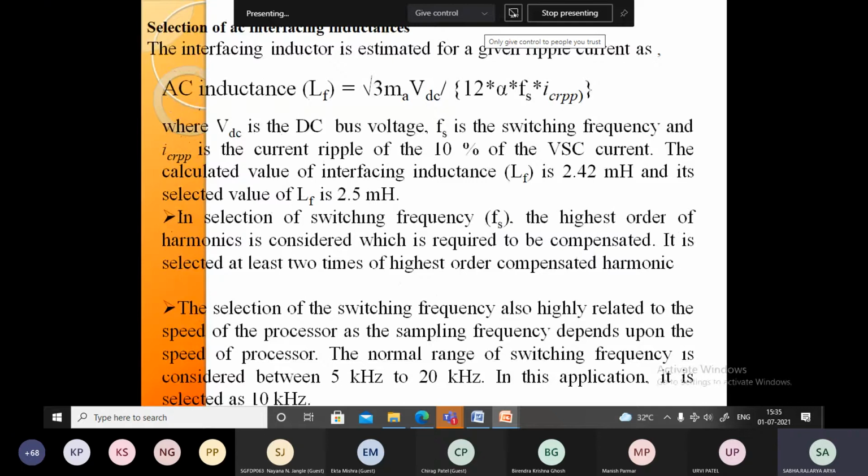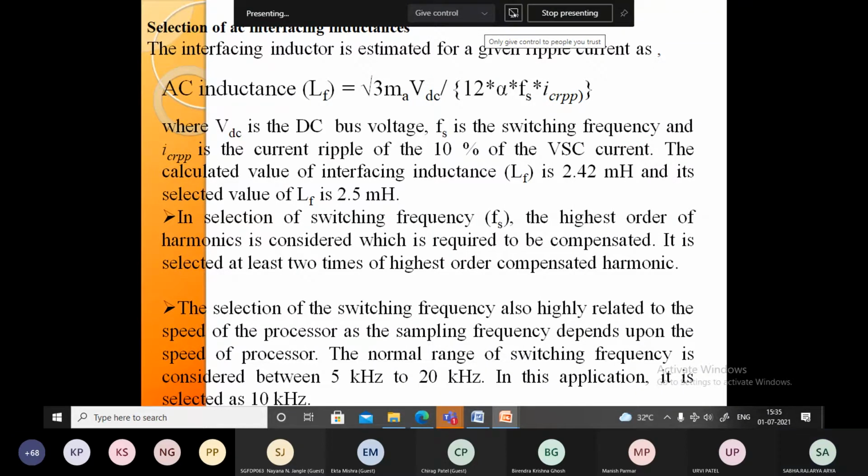Interface inductor you can find by this formula, √3 MA VDC divided by 12 alpha Fs into ICRPP, means percent value of ripple current in compensating current you can calculate. That may not be more than 10 to 25%.